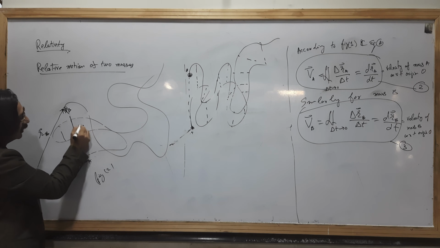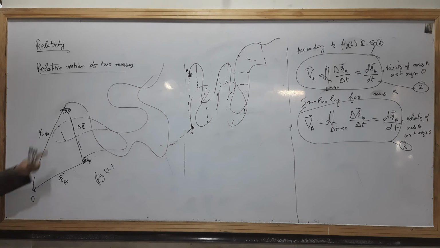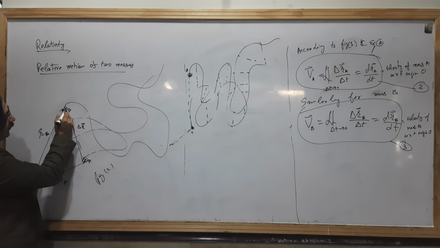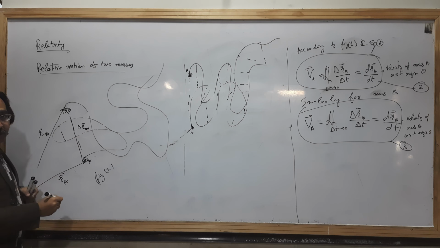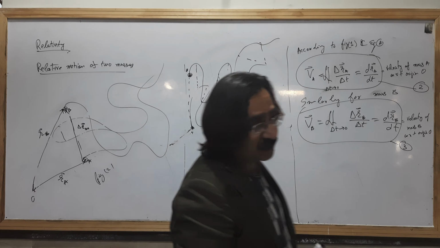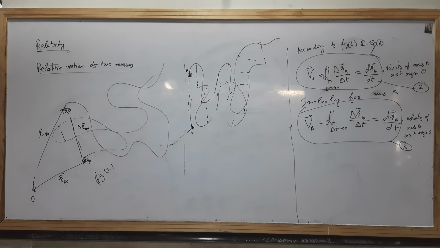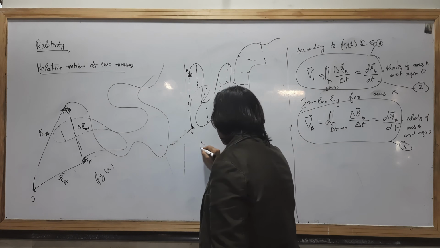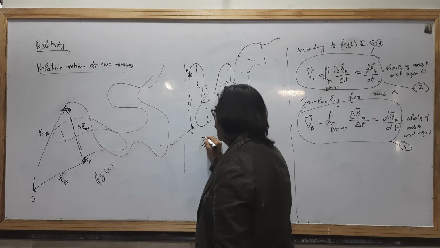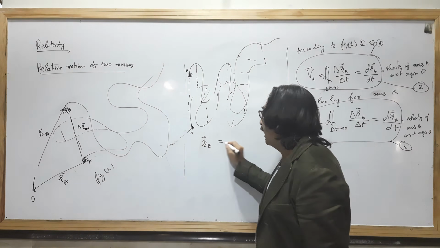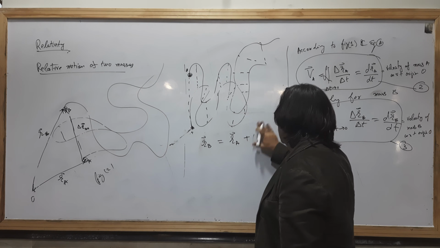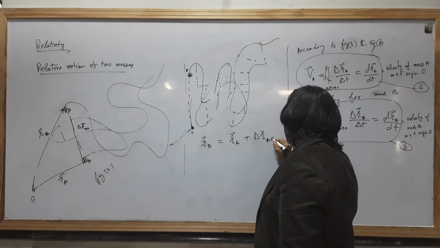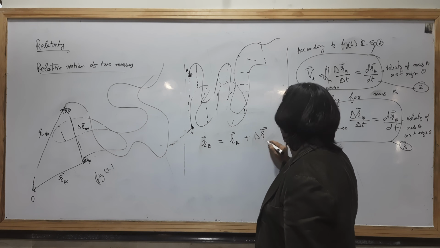So this difference that I have already proved in the previous lecture will be according to the head and tail rule. If the arrow is toward B, this difference will be delta R_BA. Actually, R_B is the resultant according to the head and tail rule, R_A plus delta R_AB.